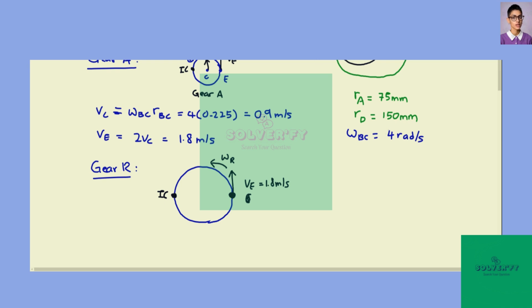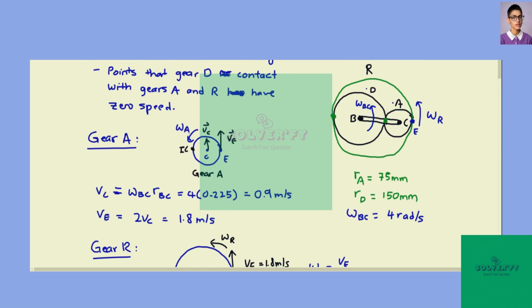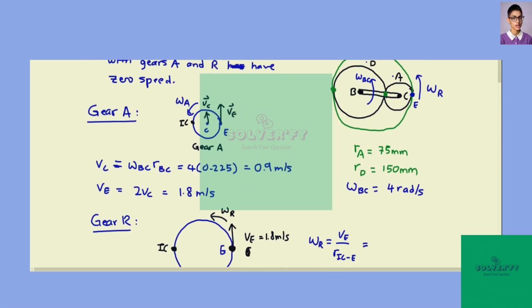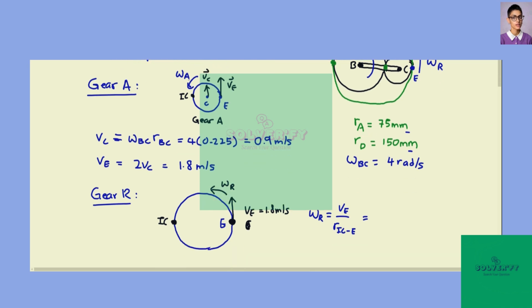Then omega R will be VE divided by R from IC to E, so this is point E. Based on the diagram, the radius of A is 75 mm, the radius of D is 150 mm.